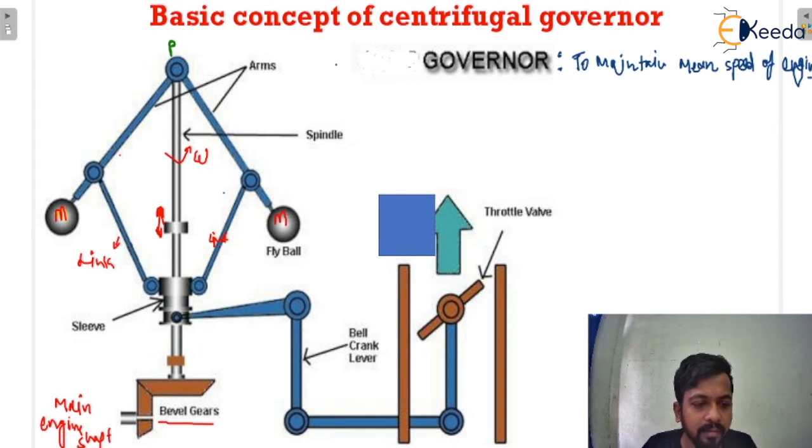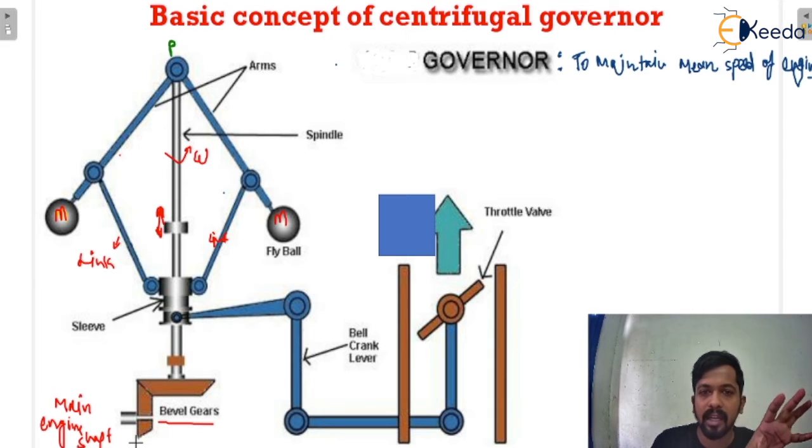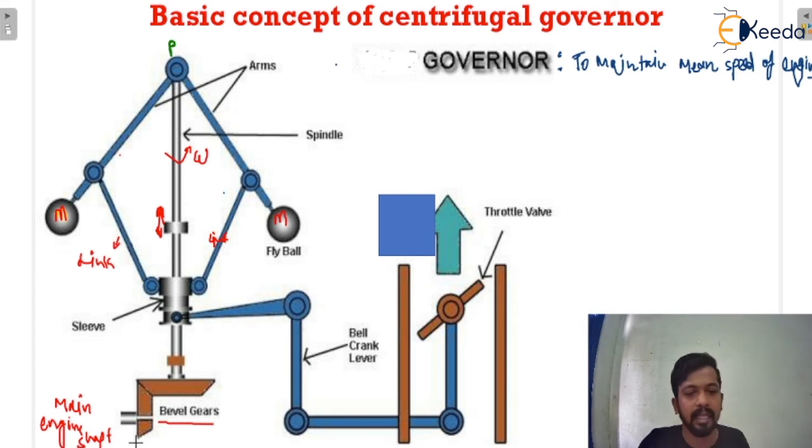So whatever be the changes in the engine, there will be changes in the governor, because both are connected through the bevel gear. If I increase the load on the engine, there will be a variation in the centrifugal governor, and we will see what the variation is. Since the sleeve can move upward and downward, as you increase the load on the engine, there will be a decrease in the speed of the sleeve.